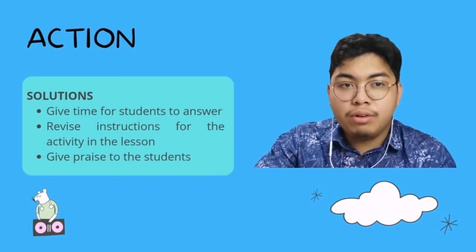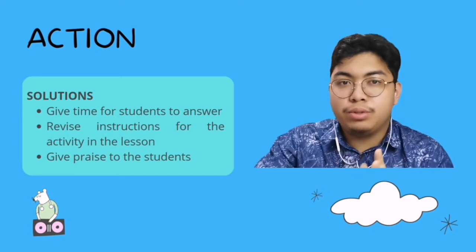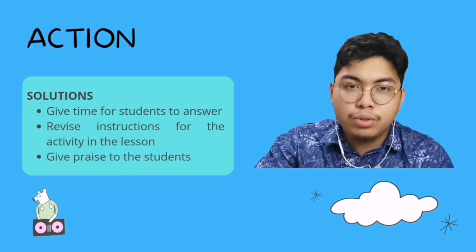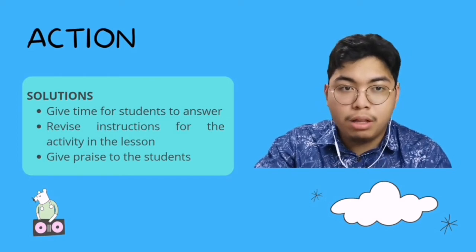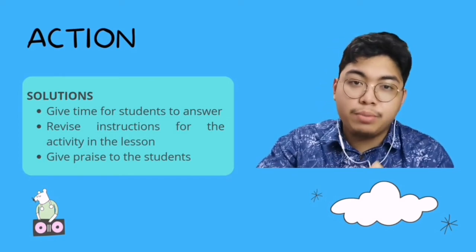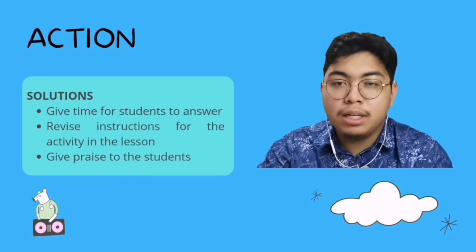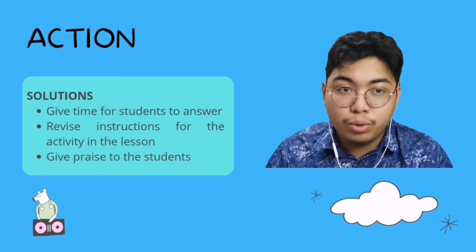Another action that I could have taken is to give praise to the students who try and ask during the learning activity, even though some of them did not answer well. This is because when we praise some students, it will influence other students to participate actively in the learning process to be praised also.